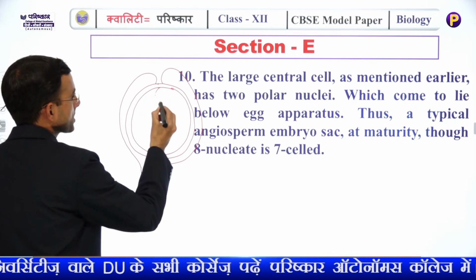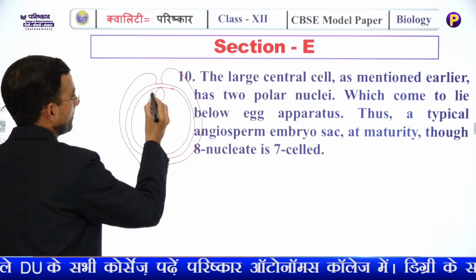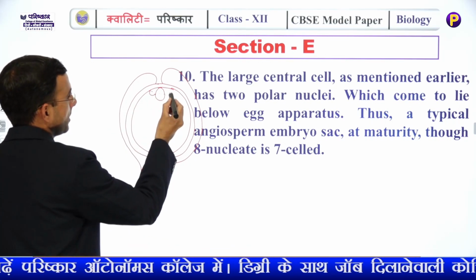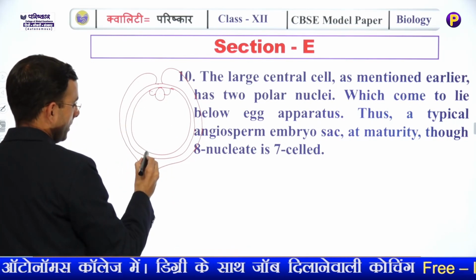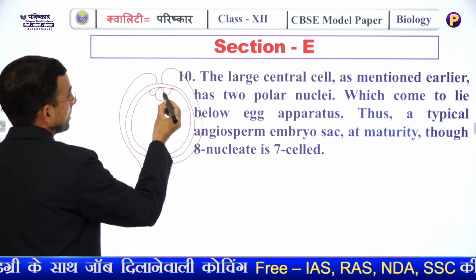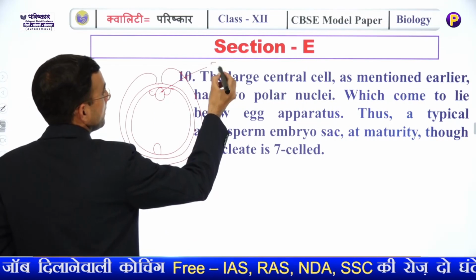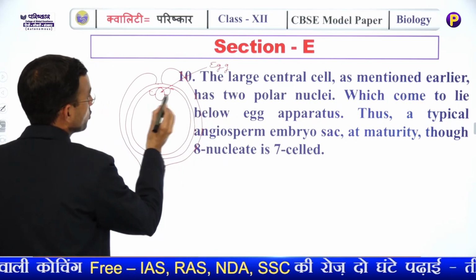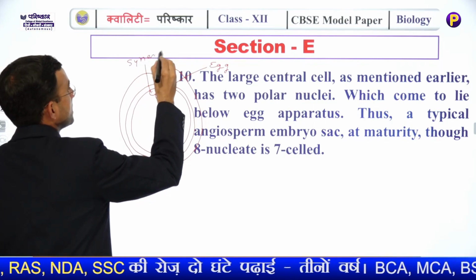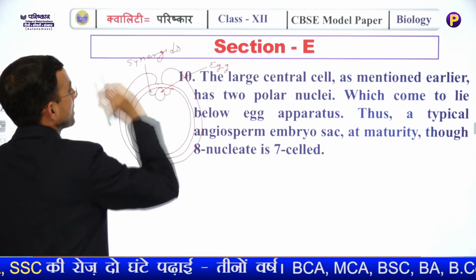These 3 nuclei are organized: the middle cell on the micropylar end is known as the egg cell, and there are 2 cells beside it. These 2 cells are known as synergids. So there are 2 synergids.